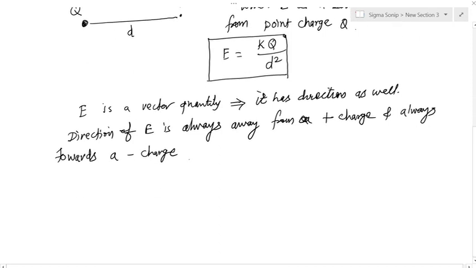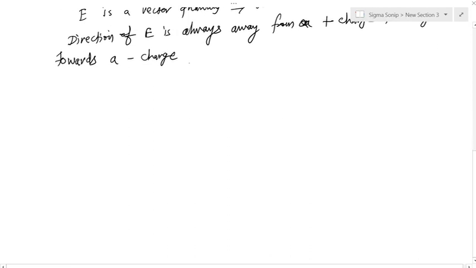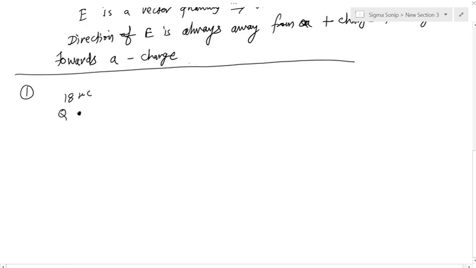Now let's look at some examples. So very simple example is straight away this. Here I got a 18 microcoulomb charge. This is my Q basically, and this is my point P where I want to find the electric field intensity, and the distance between them is 6 meters.